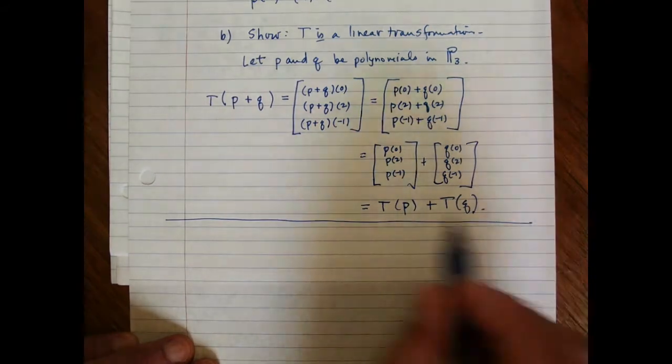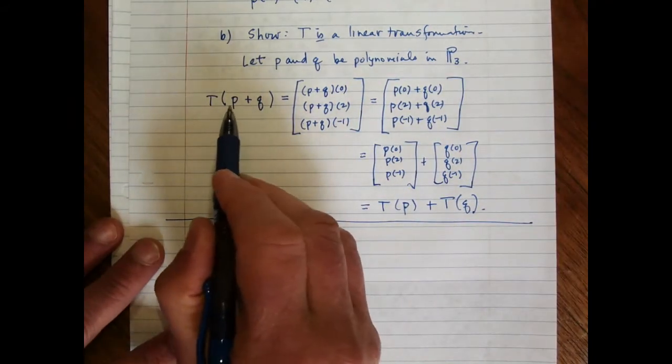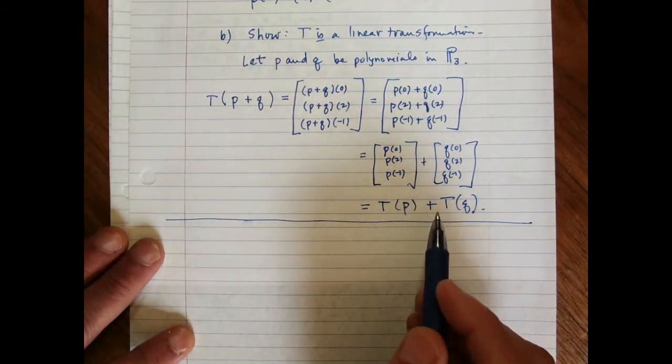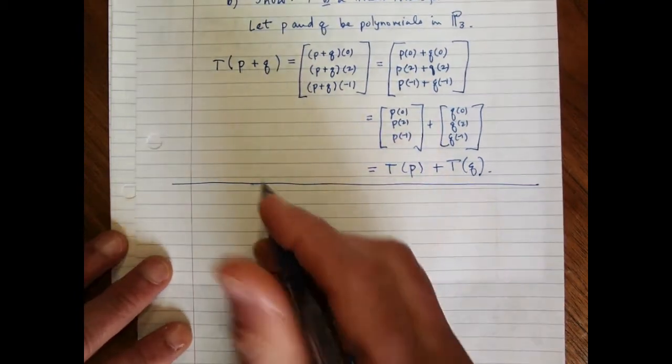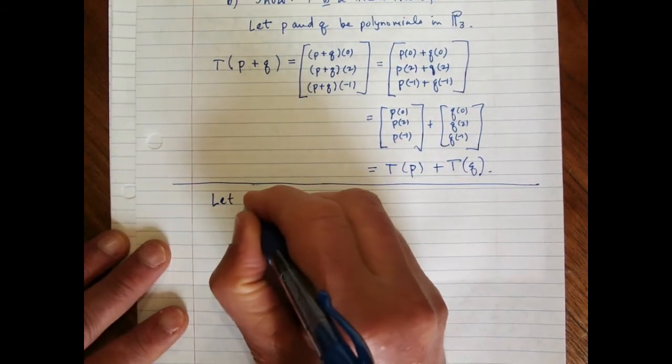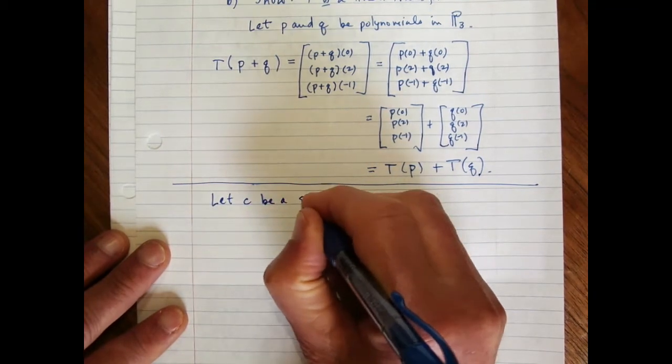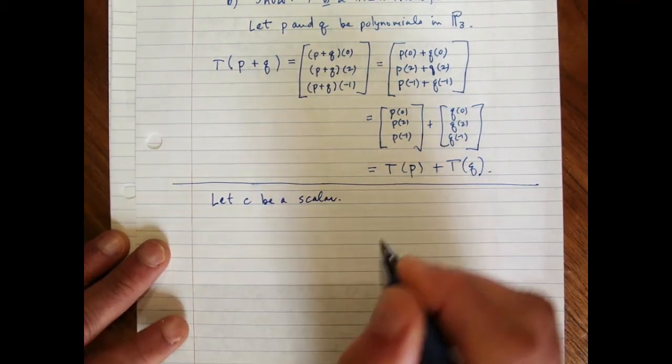So, for functions in general, having this kind of property satisfied would be very unusual, but it's required for a linear transformation. Now let C be a scalar, so just a real number.